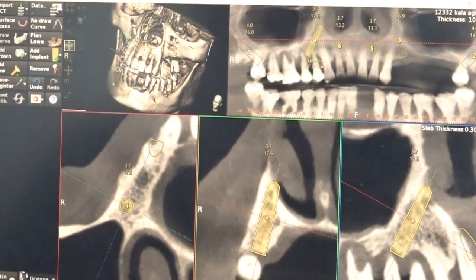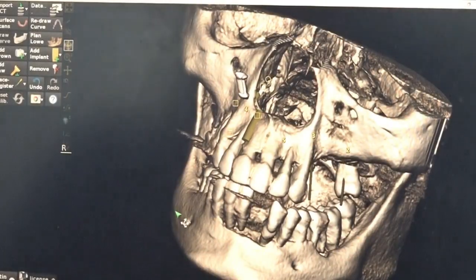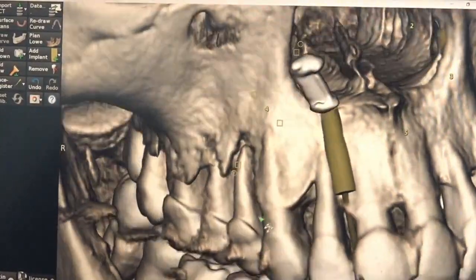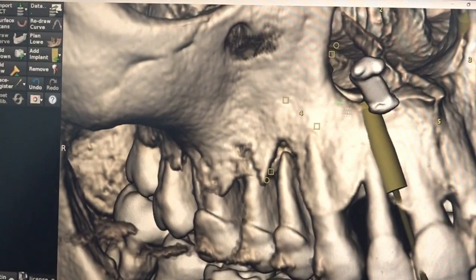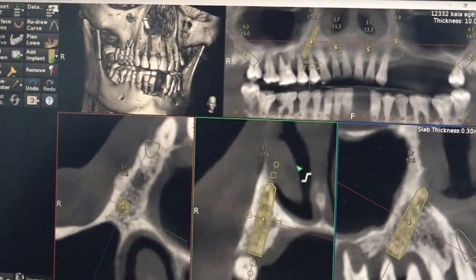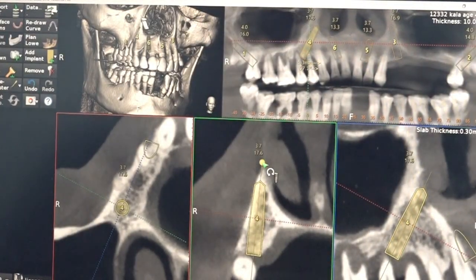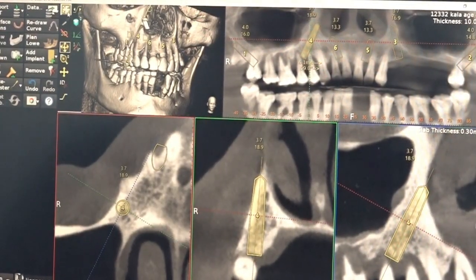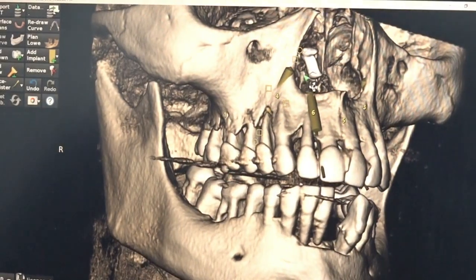So there are two options in the target areas for the tilted implant. One is this nasal corner point and another one is this buttress. So we will see where is this. So this is almost in the buttress area.